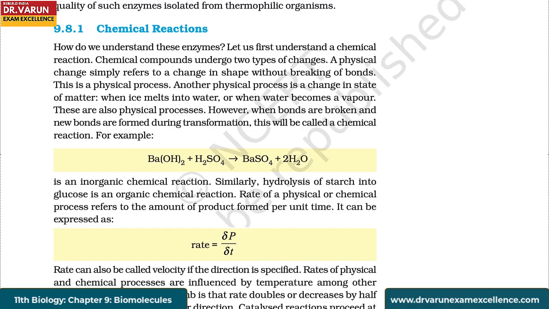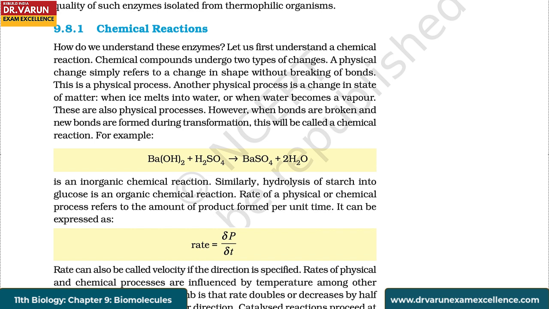These are also physical processes. However, when bonds are broken and new bonds are formed during transformation, this will be called a chemical reaction. For example, barium hydroxide and sulfuric acid becomes barium sulfate and water. This is an inorganic chemical reaction. Similarly, hydrolysis of starch into glucose is an organic chemical reaction.